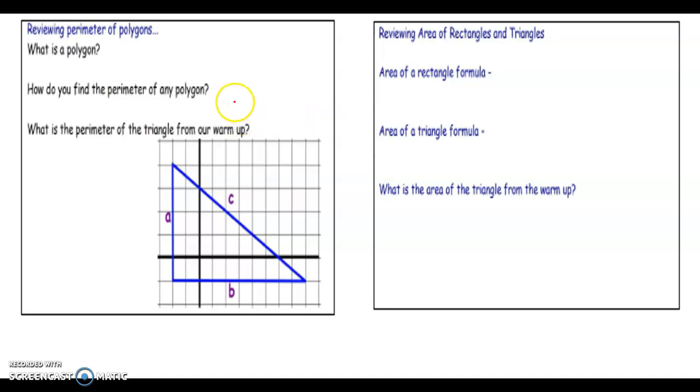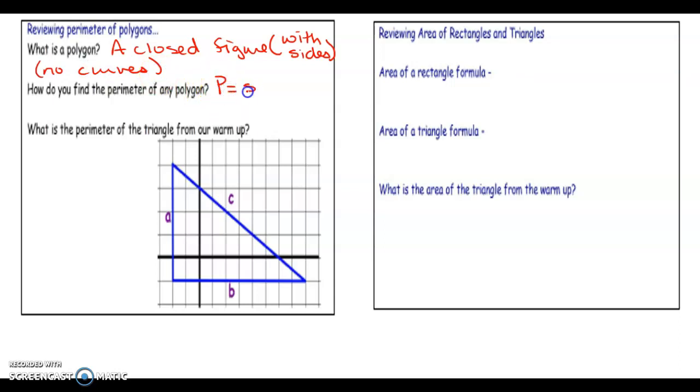Okay, what is a polygon? It is a closed figure. I think of it as having straight sides. So in other words, no curves. And how do you find the perimeter of a polygon?